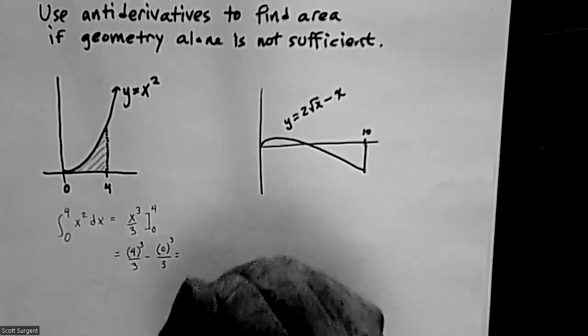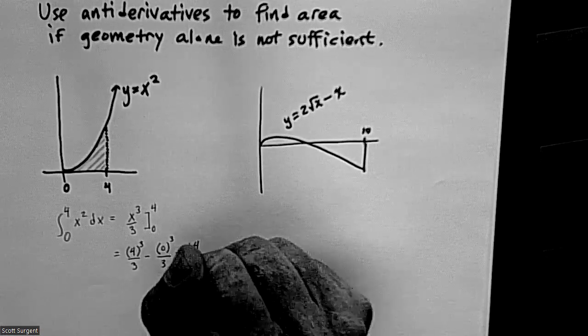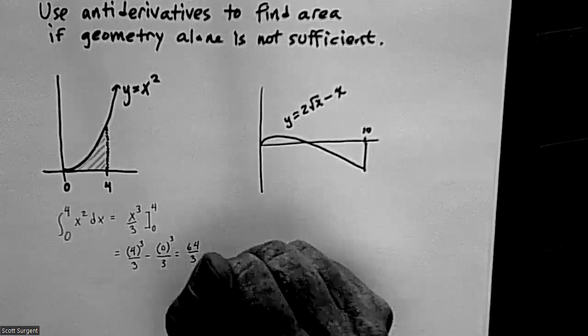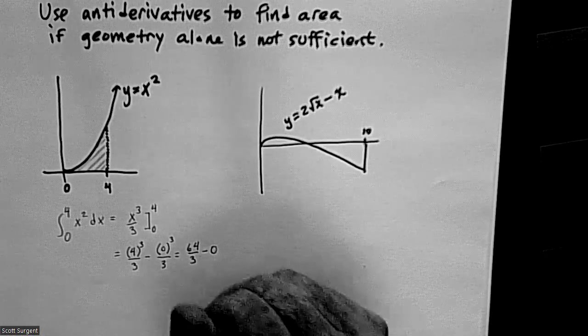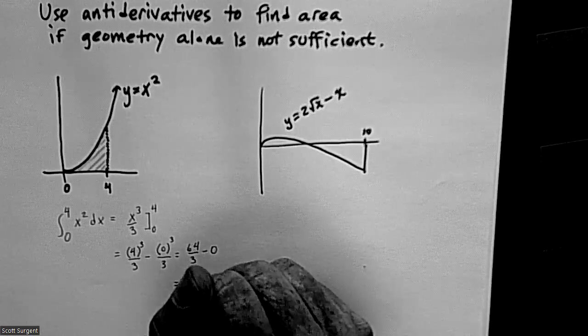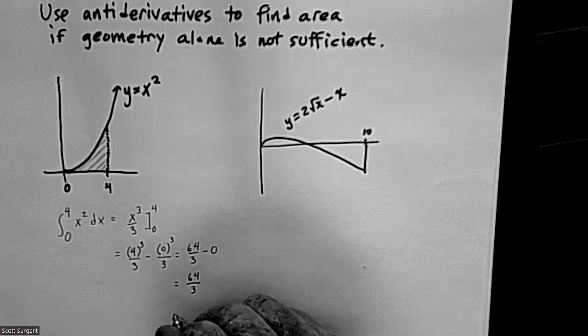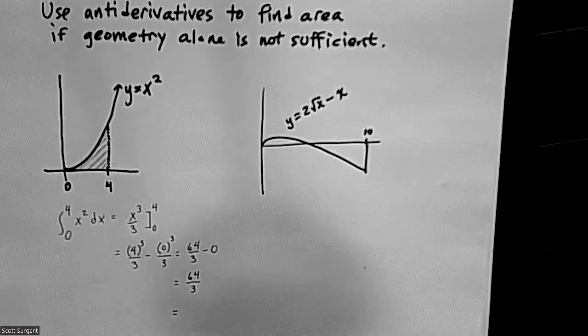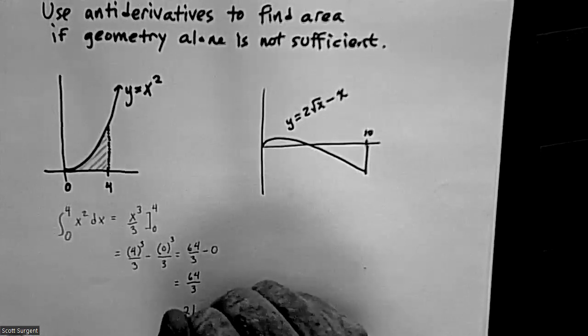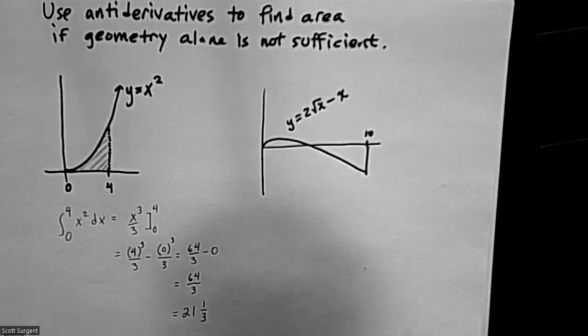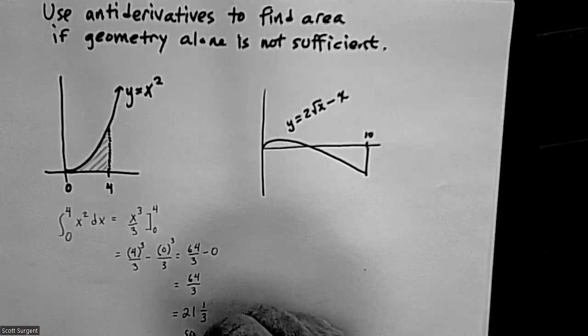Now 4 cubed is 64. 0 cubed is just 0. And I have, remember, the 3 on the bottom. So actually this one just works out to be 64 thirds. And as a rough approximation, 64 thirds is 21 and 1/3. That would be square units.